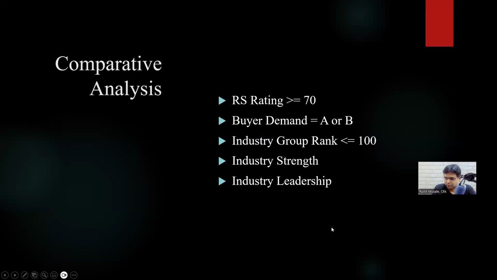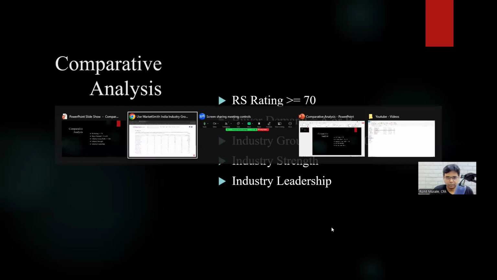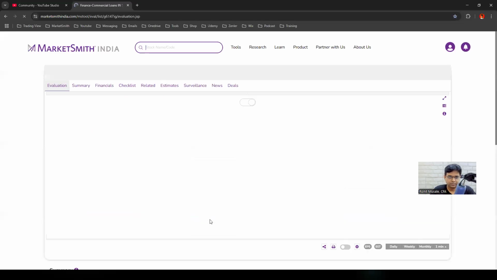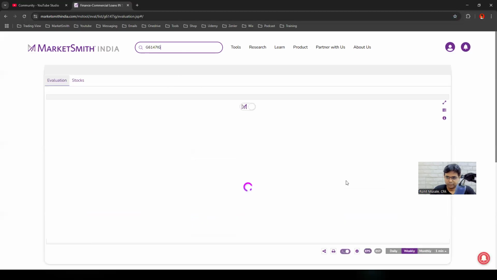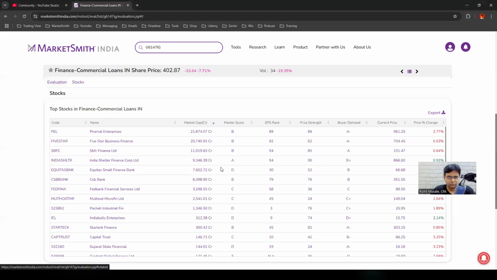The rest could be a lot of small cap companies, companies which are not relevant. They don't have any competitive advantage in the industry. So if you look at commercial loans, I click here. This is a chart of the industry. Then click stocks.